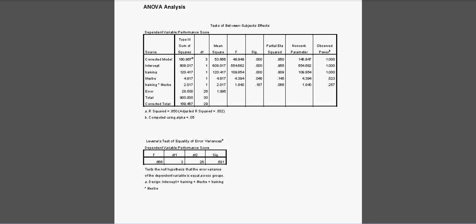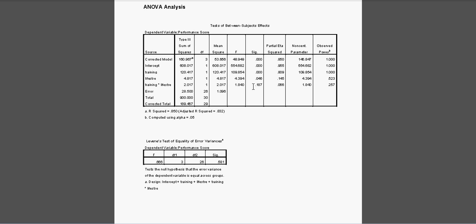And that hypothesis is the first one we're going to look at, because if that's true, then we almost ignore the main effects, because the interaction overrides them. So just like before, we're going to look at this significance column, and here we see our level of significance for our interaction is 0.187.